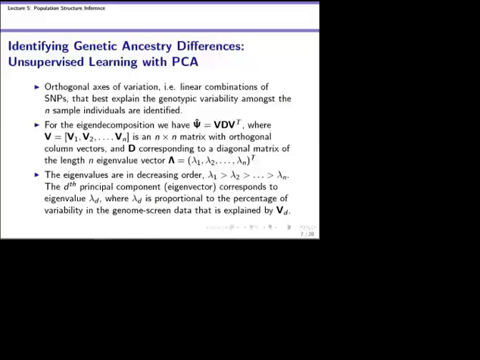You can also calculate the proportion of variance that's explained by an eigenvector using the lambda. For example, if you want to know the proportion of variance explained by the top principal component, lambda 1, it's lambda 1 over the sum of all the lambdas, lambda 1 through lambda n.